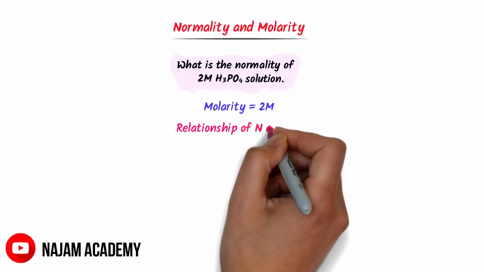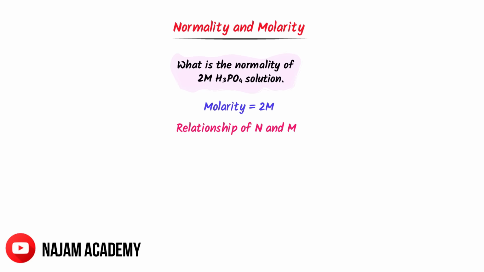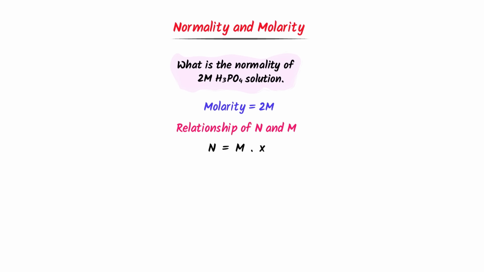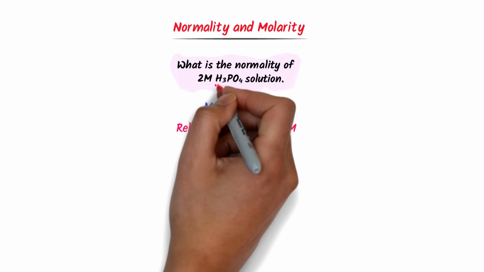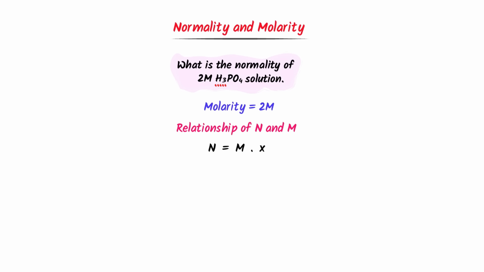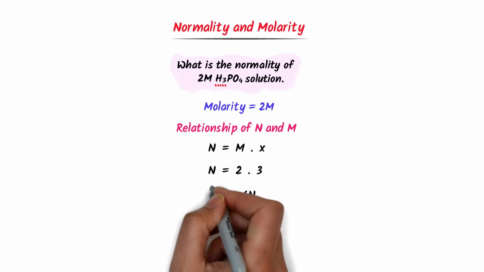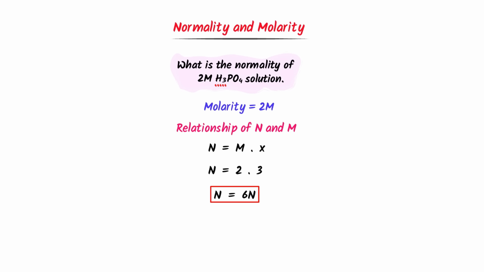Now the relationship between normality and molarity is N is equal to M into X. We know that there are 3 hydrogen ions present in H3PO4, so the value of X is 3. And we already know that the value of M is 2. So I write N is equal to 2 into 3 or N is equal to 6N. So the normality of this solution is 6N. Thus remember this relationship of normality and molarity which is usually asked in MCQs.